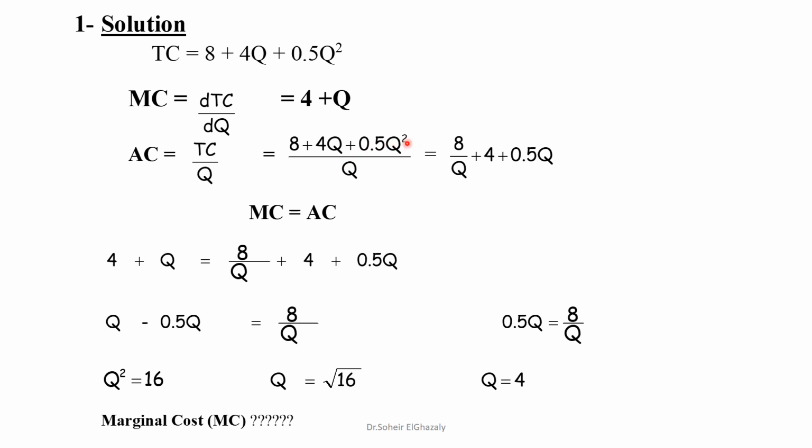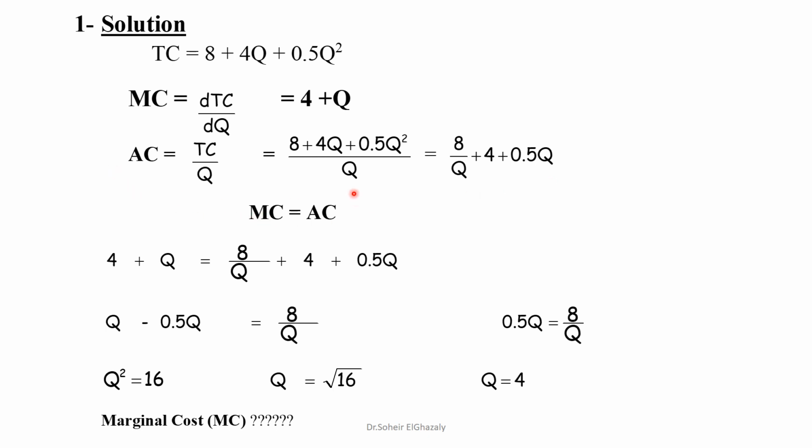And then we have Q power 2 divided by Q, which means 1Q. That's the answer for average cost.